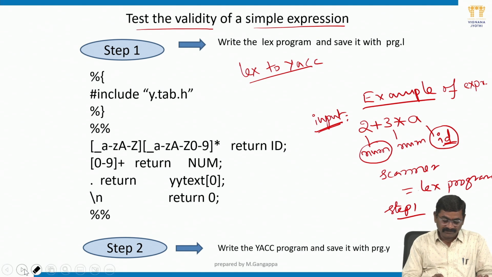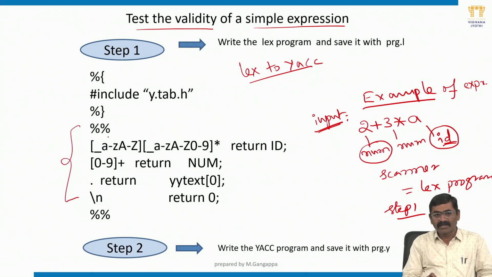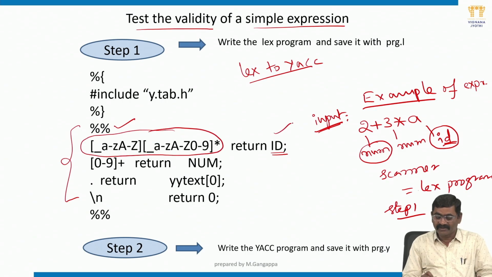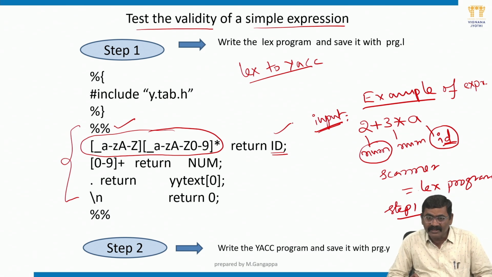After that, this is the transition rule section. The transition rule section should begin with %% . After that, we should write the regular expression. This entire one is a regular expression to represent an identifier. Already we know how to write a regular expression for the identifier.